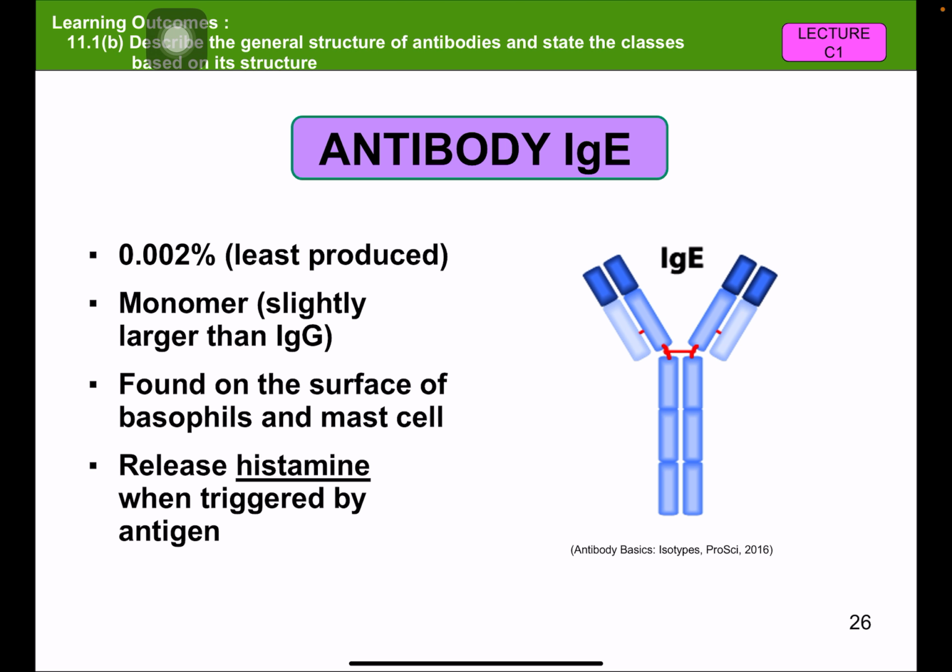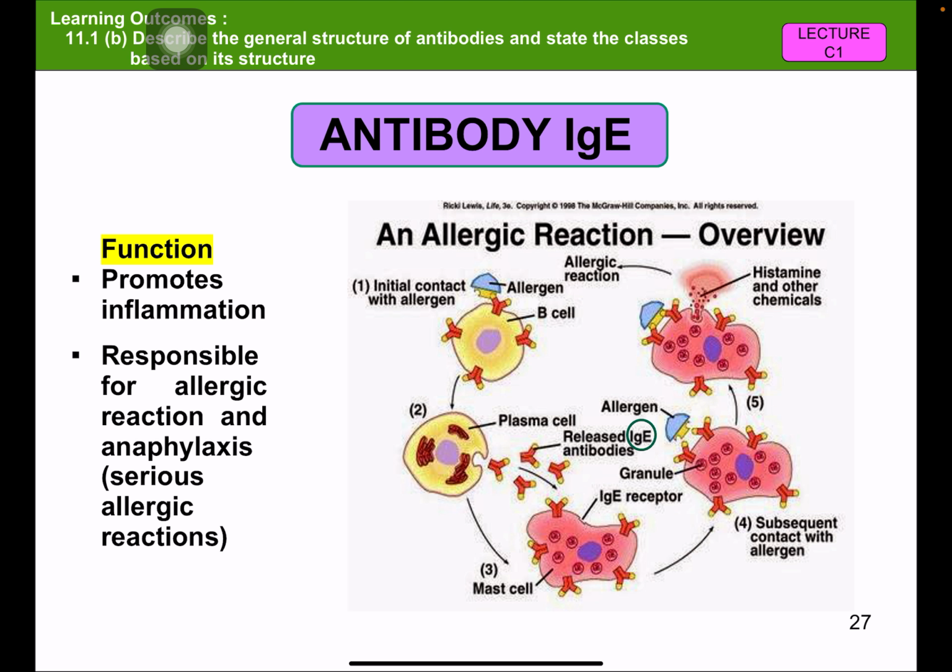This IgE can release histamine, which is triggered by the antigen. So the function of the IgE is to promote inflammation, or any allergic reaction and anaphylaxis, which means a serious allergic reaction.